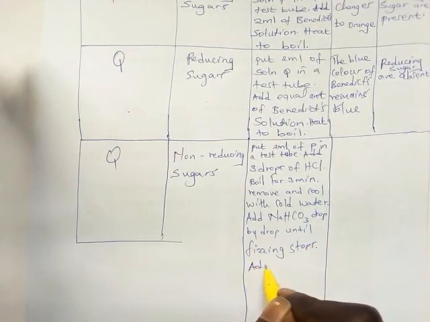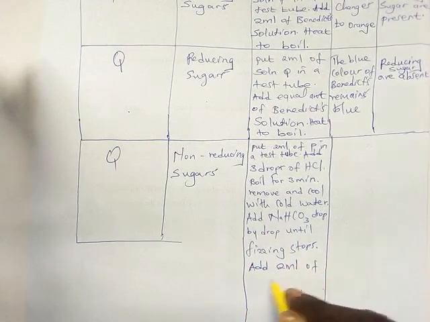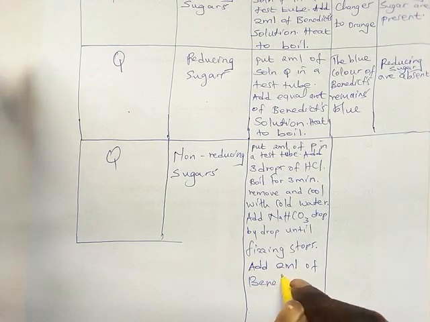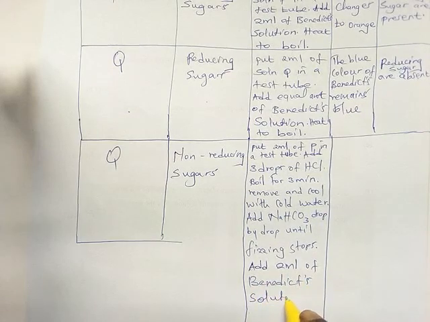Then you add 2 milliliters of Benedict solution. Then you heat to boil.